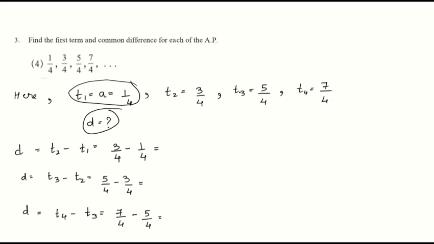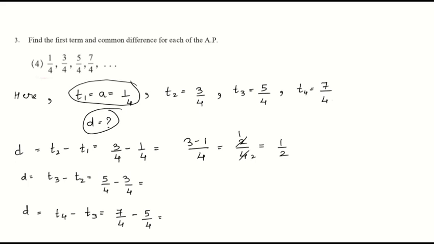So to find the difference, we will take T2 minus T1 is equal to, what is T2? 3 upon 4 minus 1 upon 4. So we have 3 minus 1 upon 4 is equal to 2 upon 4, which is nothing but 2 ones are and 2 twos are. That is, we got the difference as 1 upon 2.